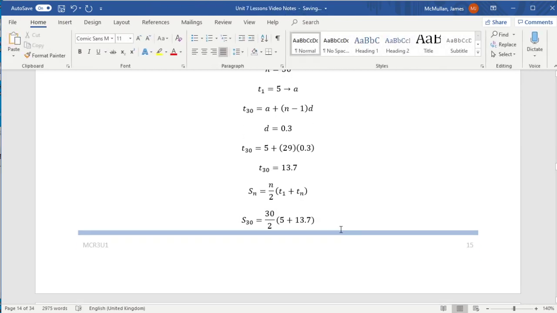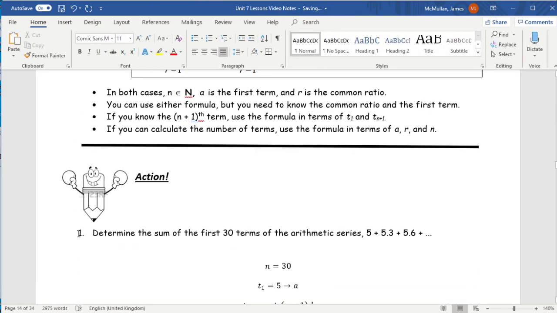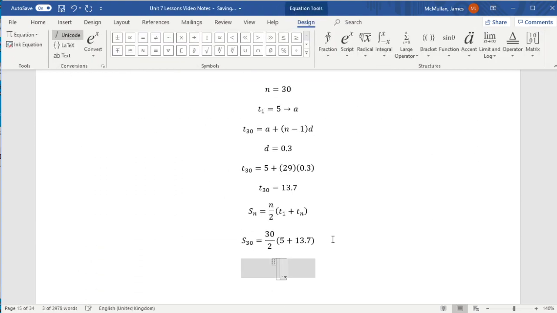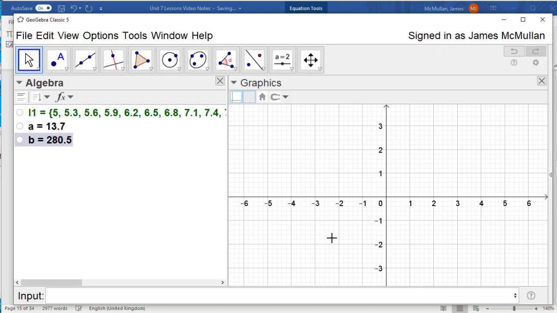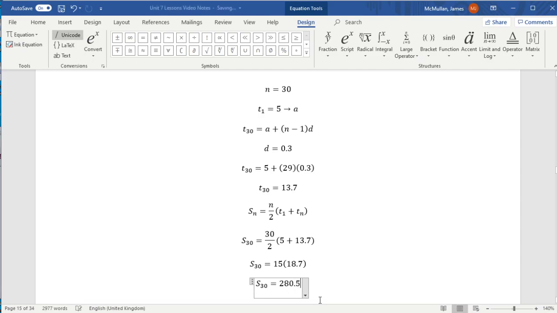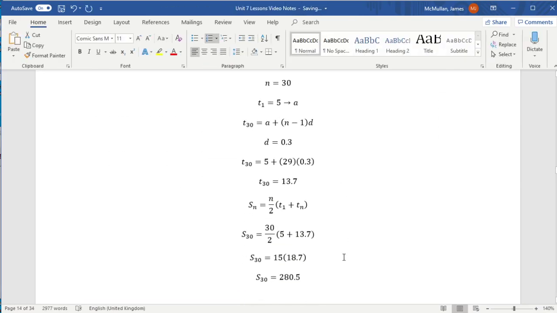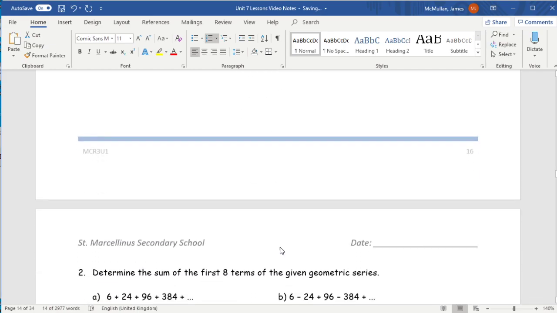So the sum of the first 30 terms is 15 times 18.7, which gives you 280.5. And that is the correct answer. If you add up those 30 terms, that's what you're going to get.